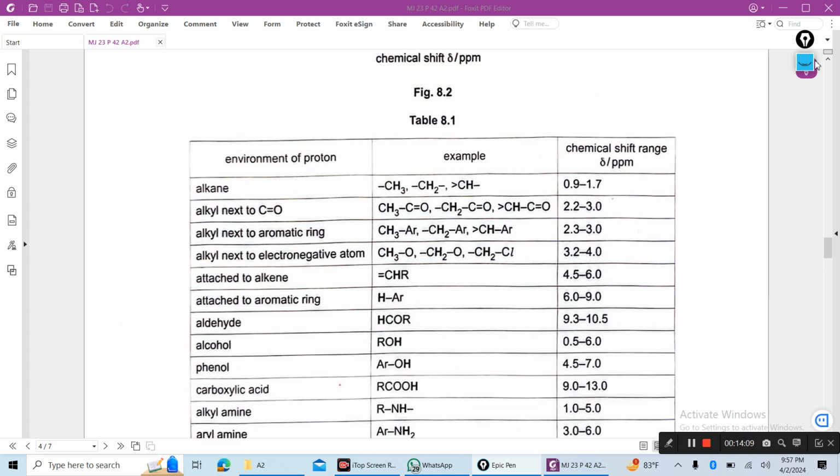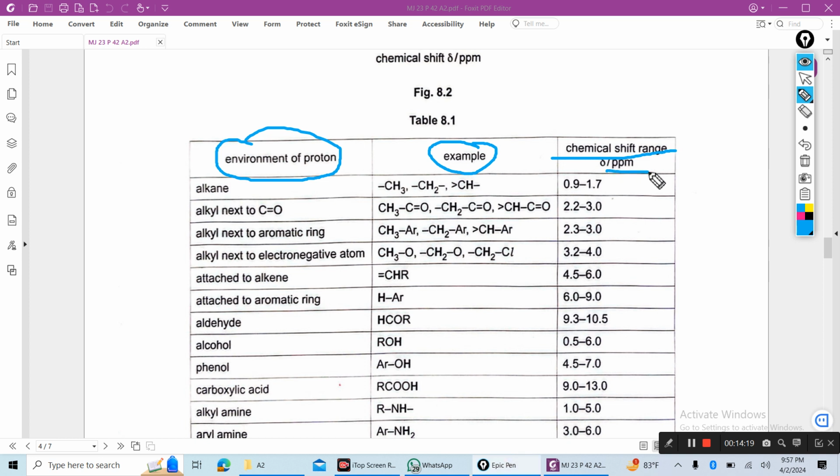Now here are the different environments of protons, which protons are responsible, and their chemical shifts in ppm, the chemical shift values are given.